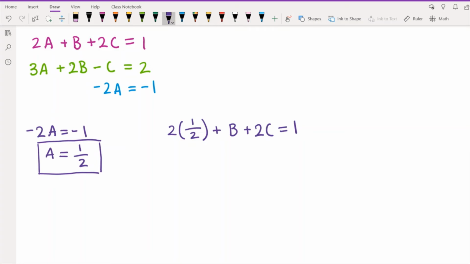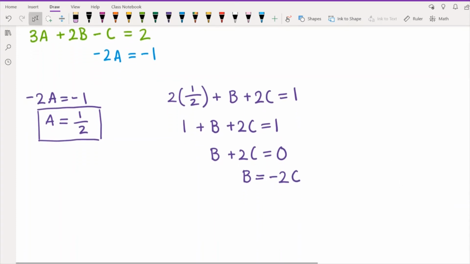And then that would simplify to being 1 plus b plus 2c is equal to 1. So let's take this equation and solve it for b, and then we'll plug that into our next equation along with what we already know a is. So this would tell us that b plus 2c is equal to 0, or that b is equal to negative 2c.